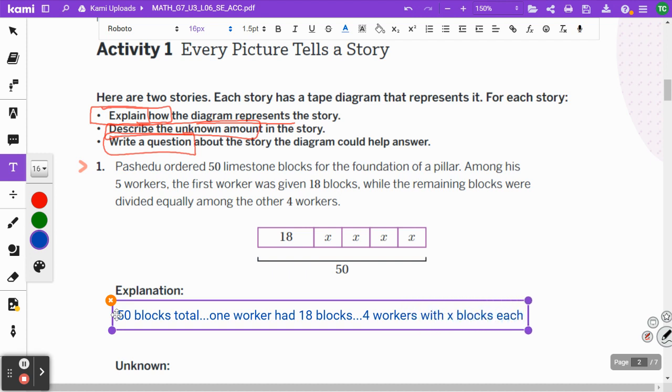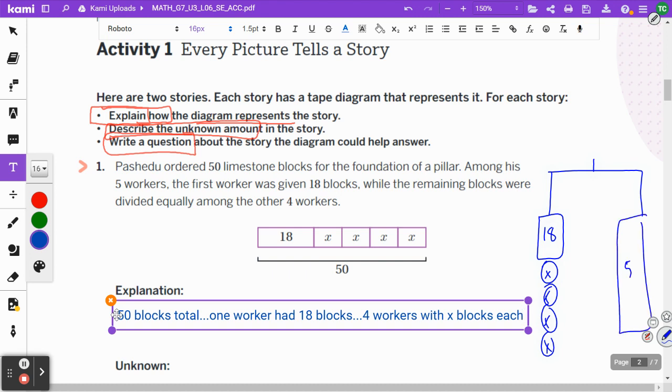Now I want you to pause and just think about how this relates to where we were a while back. A while back we had a hanger diagram, and we'd have 18 on one side and then 4 X's on the same side, and then we'd have 50. So look how a tape diagram is similar. Look how it's different.